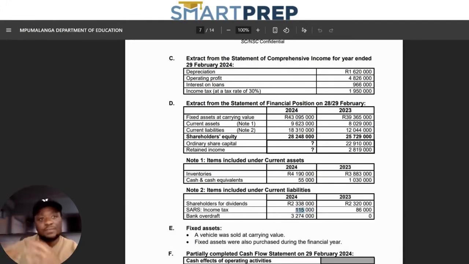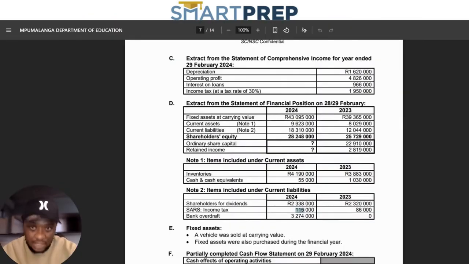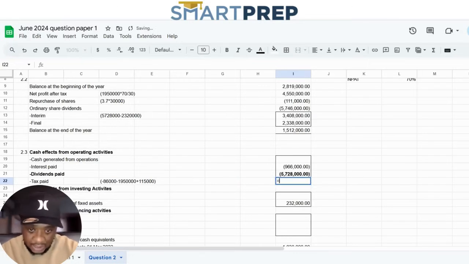So if that 115,000 is still owing, that implies that payment is yet to be made. And so we would just add that 115,000. And then we would have our income tax paid as 1,921,000.